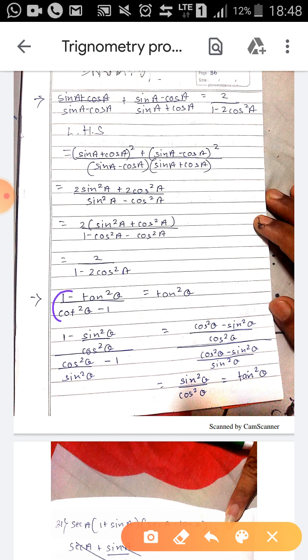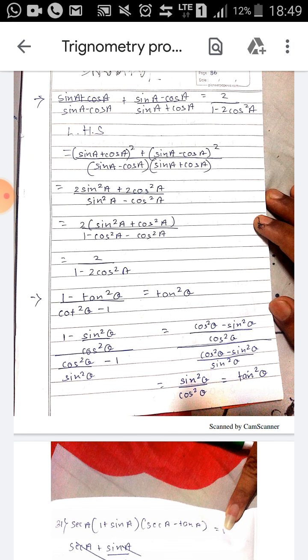Cot square theta, I converted to cos square theta by sin square theta. If you solve the numerator and the denominator, you will get cos square theta minus sin square theta by cos square theta in the numerator, and cos square theta minus sin square theta by sin square theta in the denominator.